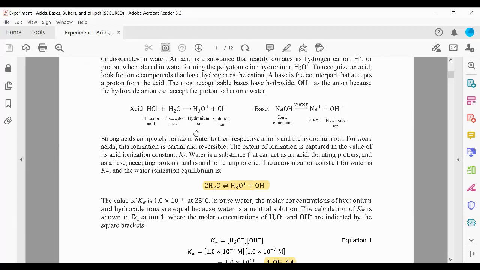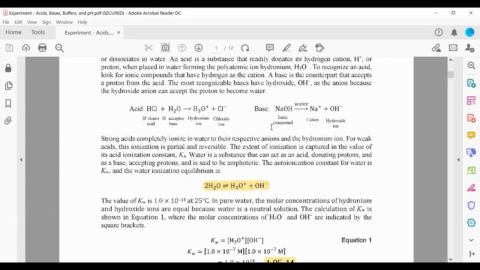So when you see the hydronium ion, that is the proton combined with a molecule of water. And then the second equation that you see is a base. The other definition that you have, which came before the Bronsted-Lowry definition, is the Arrhenius definition, from the 1880s.